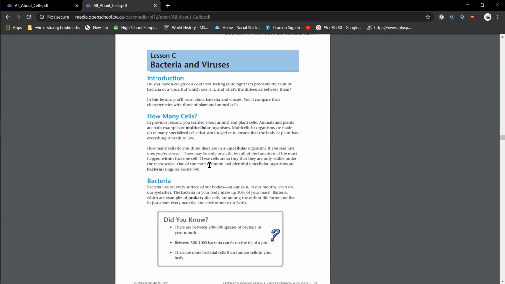Okay, so let's talk about bacteria and viruses. If you remember, bacteria are unicellular organisms, and animals and plants are multicellular organisms. What's really important about multicellular organisms is they have specialization in their cells.